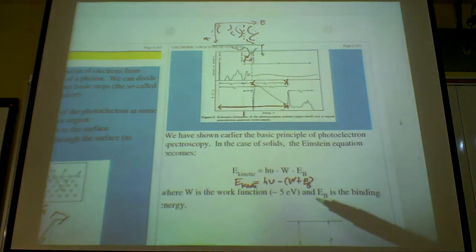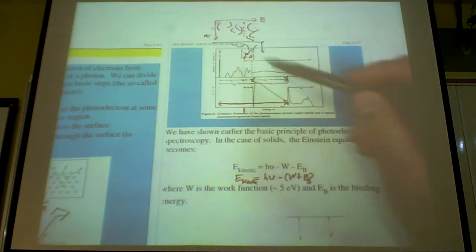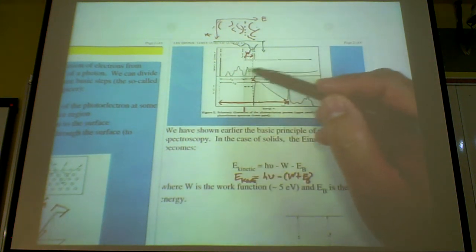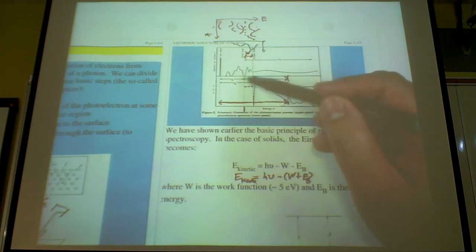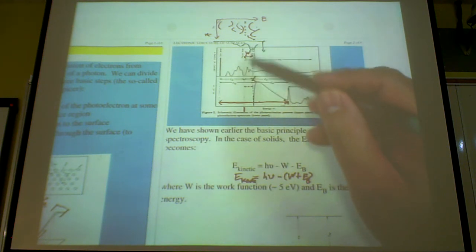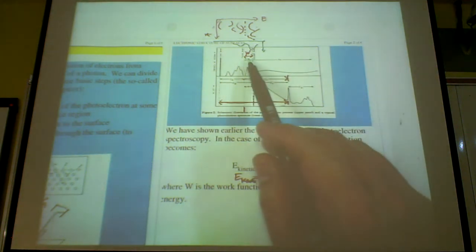So the difference between a free atom or molecule and a solid is that you don't have this work function in the case of a free atom or molecule. In the case of a solid, you have to consider this extra difference in energy between the vacuum level, where the electron becomes free, and the Fermi level, where every electron can fill up to that state. And this is the work function.